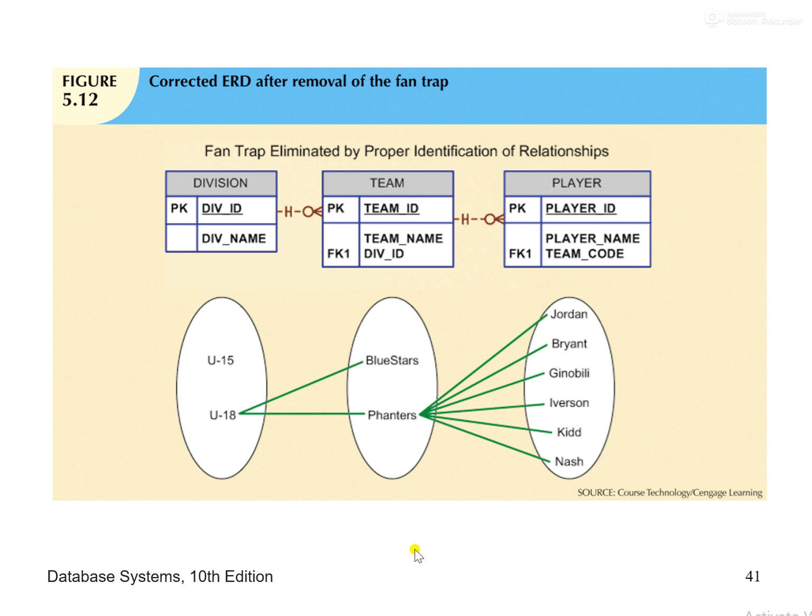U18. If I have to find out which player plays for which division, then you have to first find out which player belongs to which team and which division this team belongs to. But it still solved the problem that we had in the previous case with the fan trap.